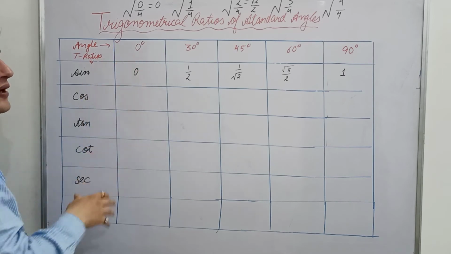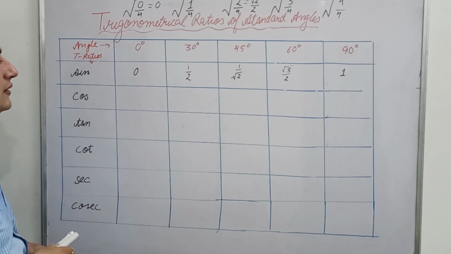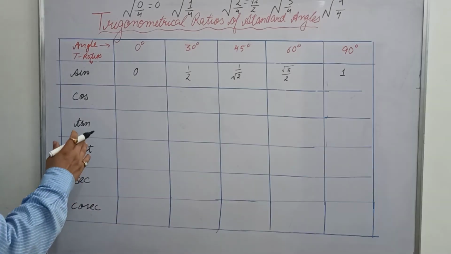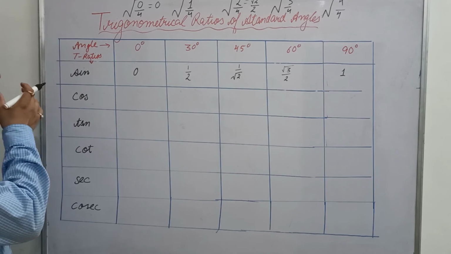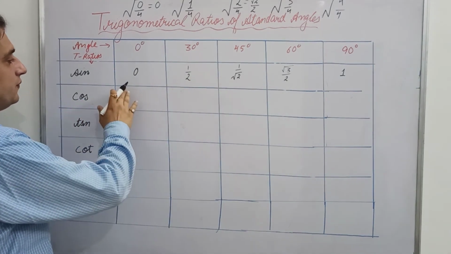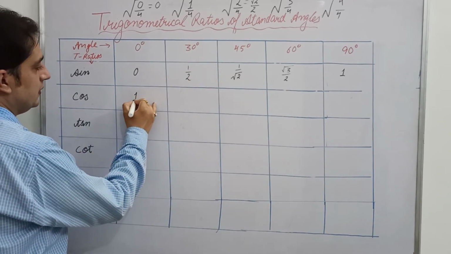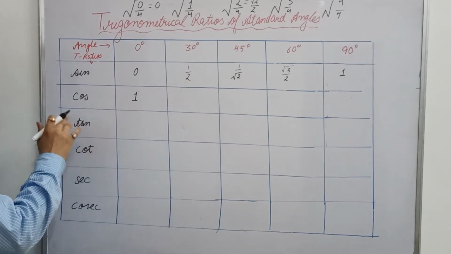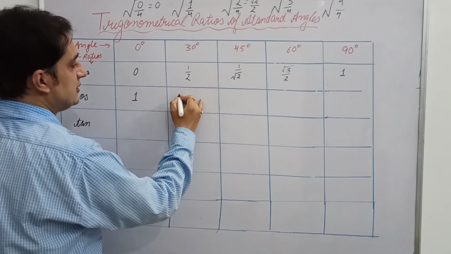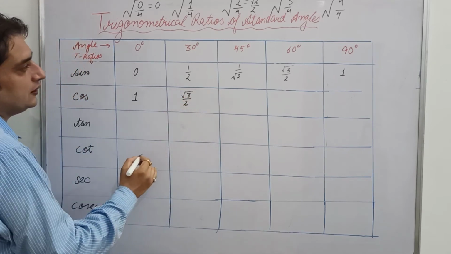So in this way you can write the values of T ratios. Now for the values of cosine of an angle, just write the values of sine in reverse order. That is, sine 90 degree, that is 1, will become the value of cos 0 degree. Just reverse the values. So sine 60 degree, that is root 3 by 2, will become the value of cos 30 degree.